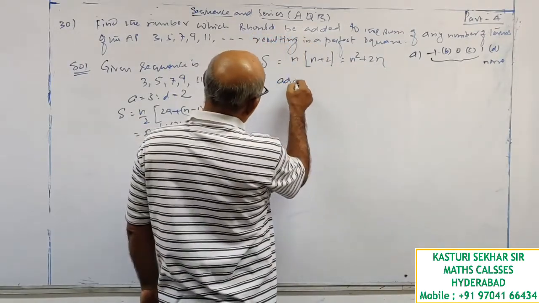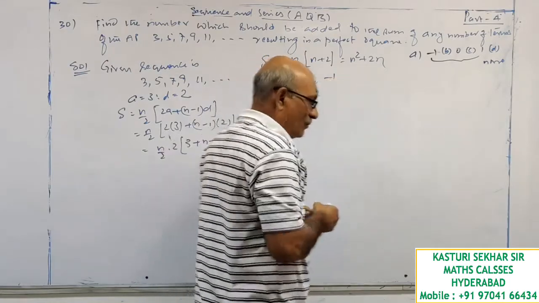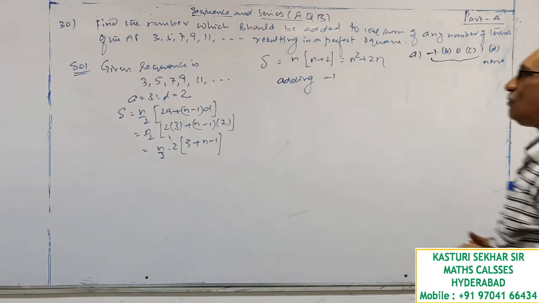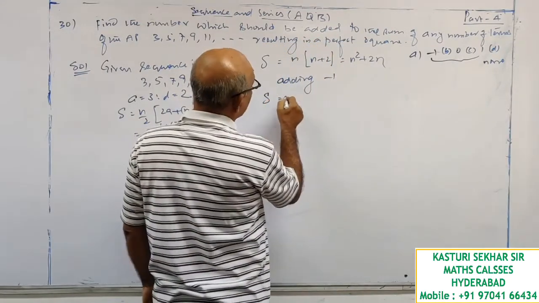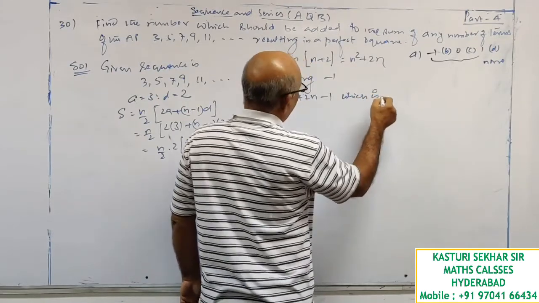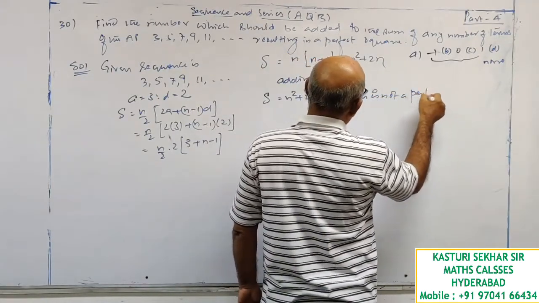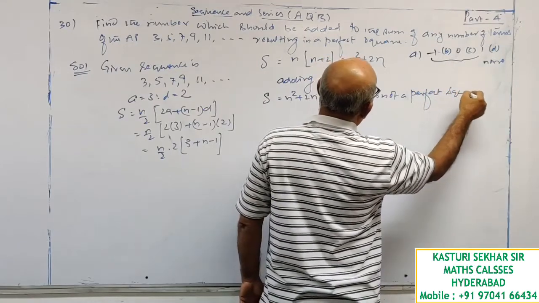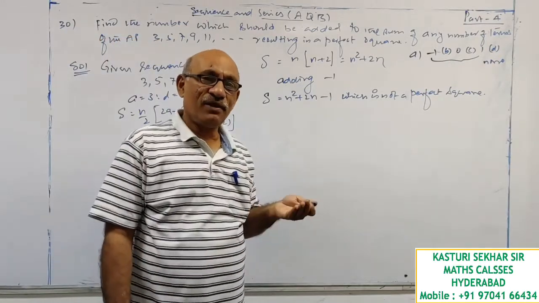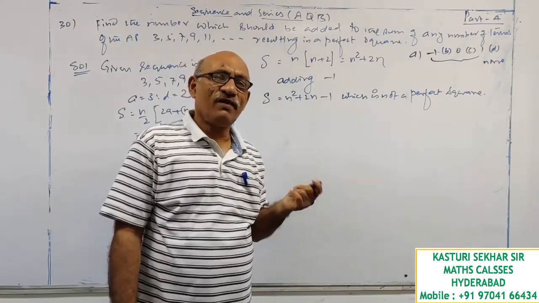Adding minus 1: n square plus 2n minus 1, which is not a perfect square. It is not the formula for (a+b) whole square, or for (a-b) whole square.